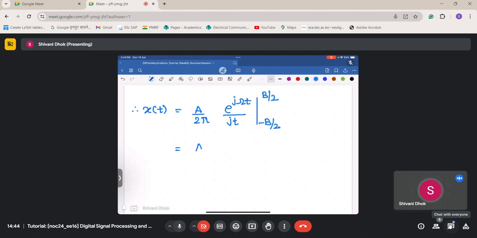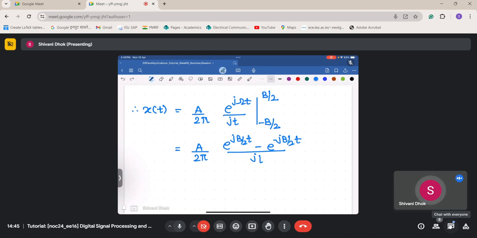This comes out to be equal to a by 2 pi into e power j b by 2 t minus e power minus j b by 2 t upon jt.